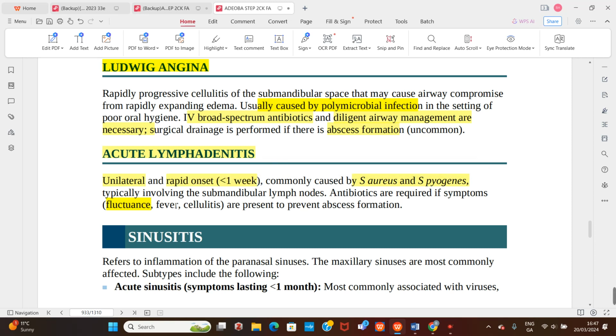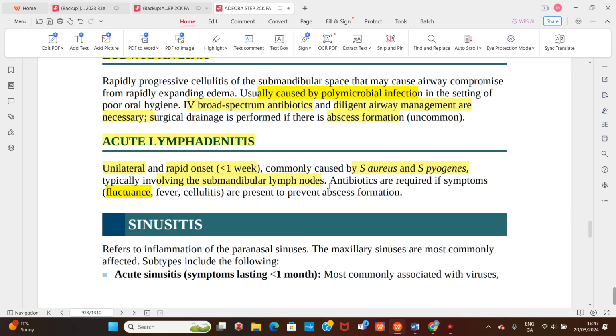It can affect the submandibular lymph nodes too, and antibiotics may be required when you are having impending signs of abscess formation. Antibiotics are indicated when you have impending signs of abscess formation. When you notice signs of fluctuance, it means that there's abscess, and you need to drain.